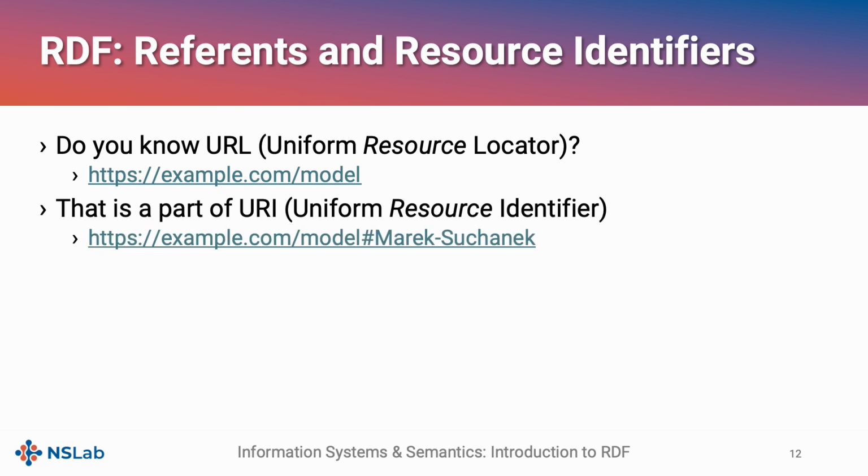And then there is something called Uniform Resource Identifier, and that leads to a specific resource within some location. So we have the location, the locator, and then we can have some specific resource there, and this is, for example, the identifier of resource Marek Suchanek, which is me, in this location.